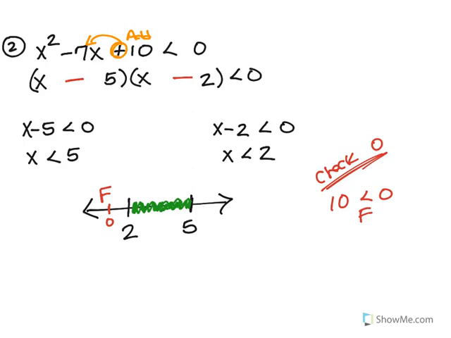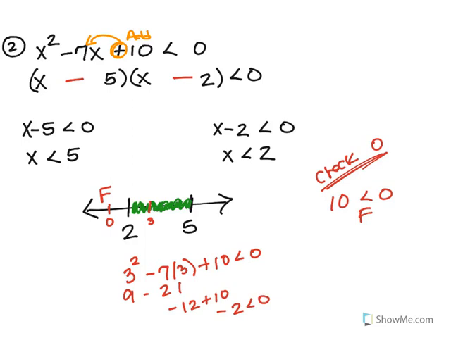If you wanted to test, if you plugged in 3, wouldn't 3 be in between 2 and 5? And I'm just showing this if you wanted to test it. That's going to be 9 minus 21. What's 9 minus 21? Negative 12 plus 10 is a negative who? Isn't that less than 0?